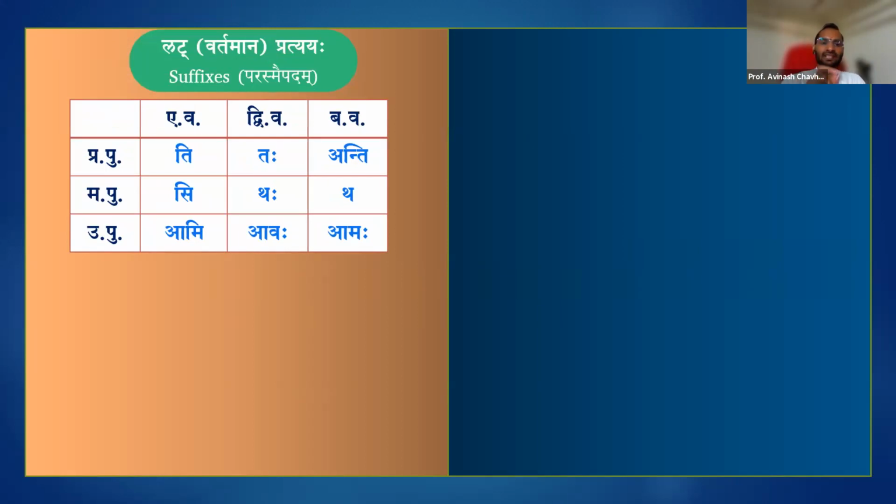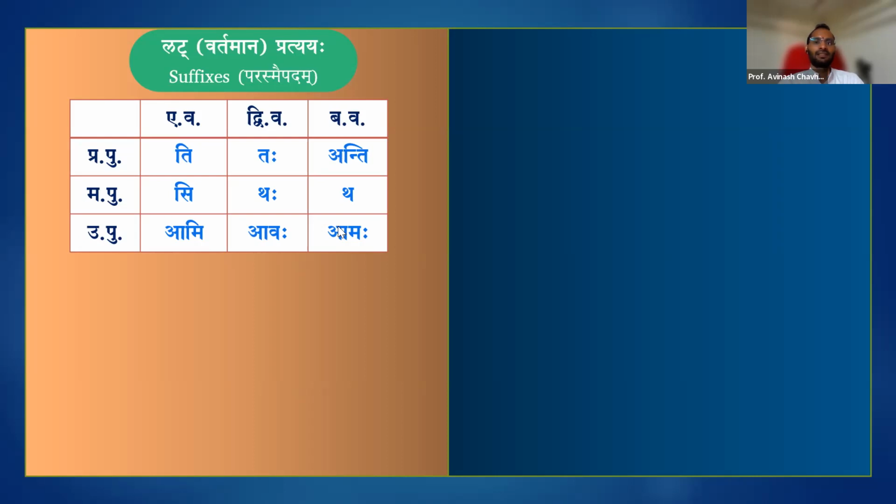Whenever you find ti, tah, anti, si, thah, tha, and ami, avah, amah, these are pratyayas of vartamana kala. All these pratyayas will be used with roots, that is, dhatus.